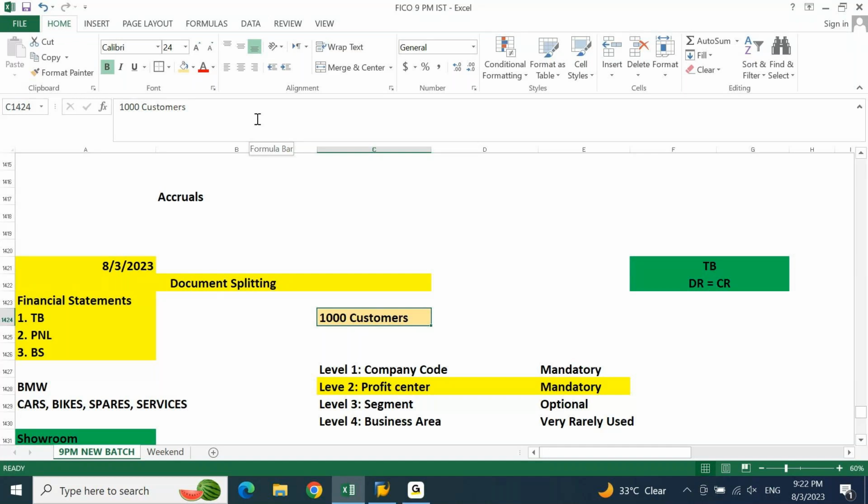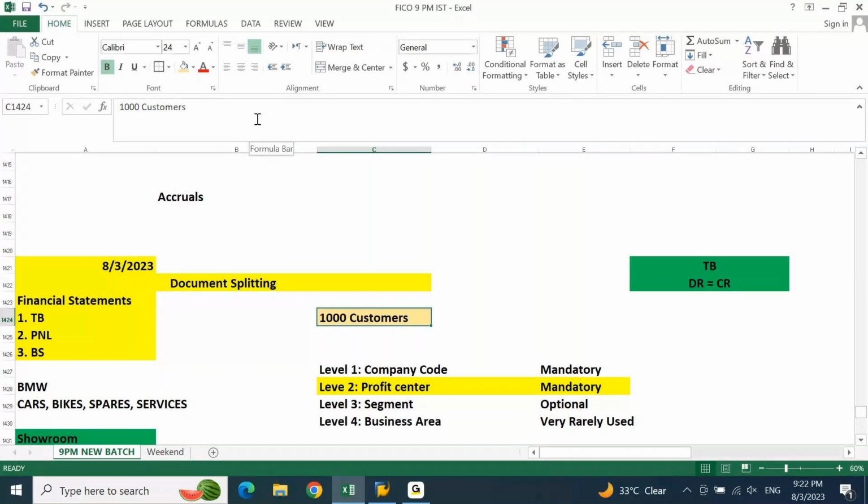So this is not from the SAP point of view. This is from your basic accounting point of view. Even when you prepare your financials in the balance sheet, we never write customer names. We only write sundry debtors and sundry creditors, correct? Sundry debtors means multiple debtors, and sundry creditors means multiple vendors.